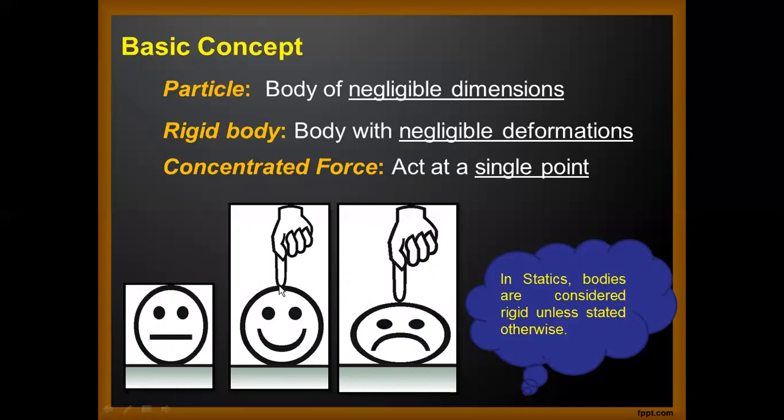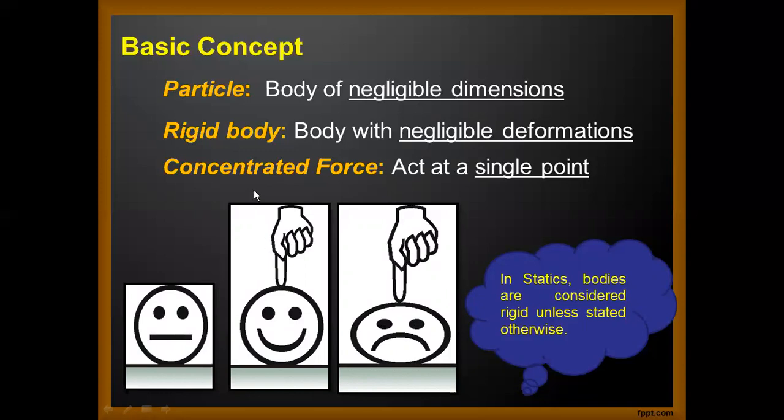This means that in engineering mechanics we assume the force or load acting on a body acts at a single point. The entire magnitude of the force is applied at a single point. So the force should be considered as a concentrated force. The concentrated force is the force where the entire magnitude has been concentrated at a single point.